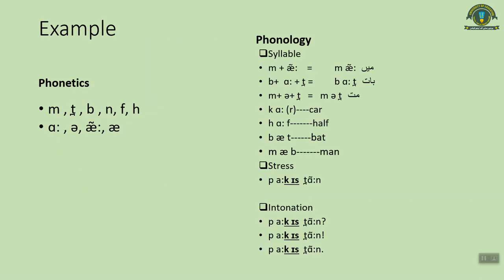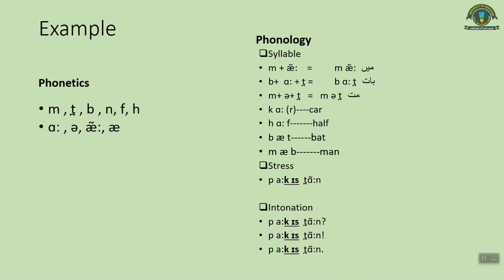Okay, now here are some examples. These examples are actually differentiating between phonetics and phonology. So you can see on the side of phonetics, I have written few sounds, few consonants and few vowels. In these, phonetics is only going to study how these consonants and these vowel sounds are produced.